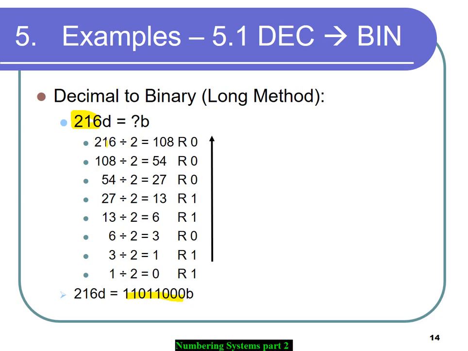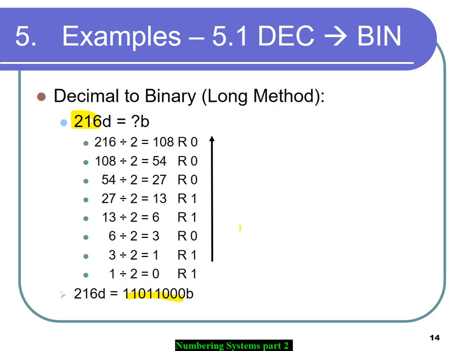So 216 divided by 2 gives you 108, right? 216 is more than 128. Remember, this is 128 according to your binary table. So you then take your 128, and you take 216 minus 128, and you get your value, right? If you get the positive value, that becomes a 1, as you can see here, right?